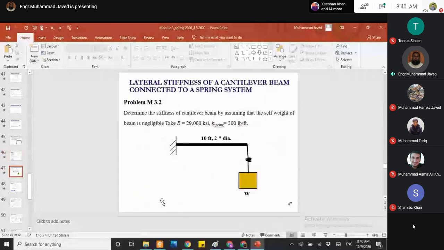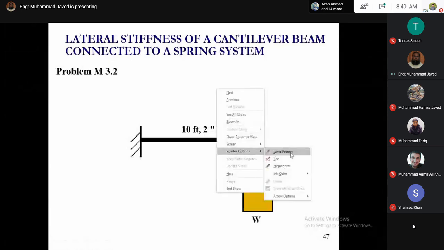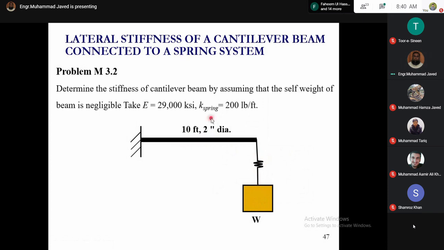Now another example. A circular beam is given which has a diameter of 2 inch, length is 10 feet, and a spring is connected to the free end and a load is suspended from the other end of the spring. The stiffness of this spring is 200 pounds per foot and the value of E is 29,000 psi.